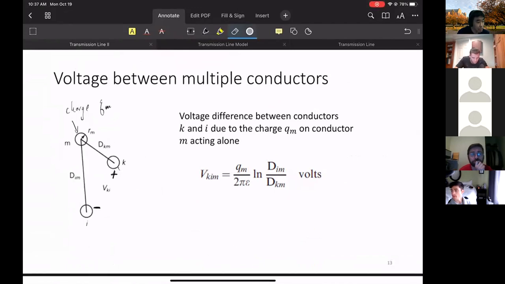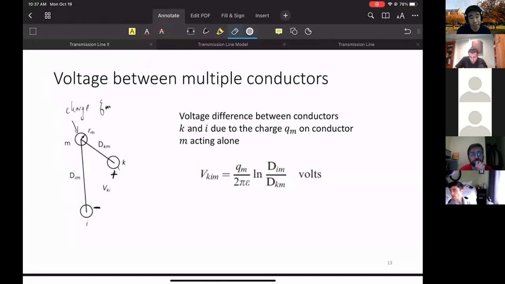This is not very difficult to do, and the reason is we can use superposition. There's a nice thing about this kind of system: it's in some sense linear, so you can add things.